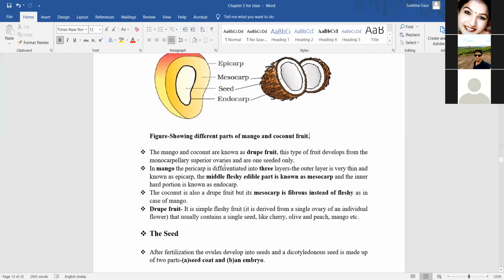We have studied hypogynous, epigynous and perigynous ovary. So superior means the ovary will be present at the top of the thalamus, and monocarpellary means it will have only one carpel, or only one locule, okay?